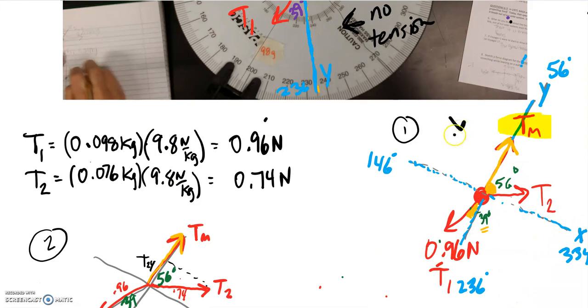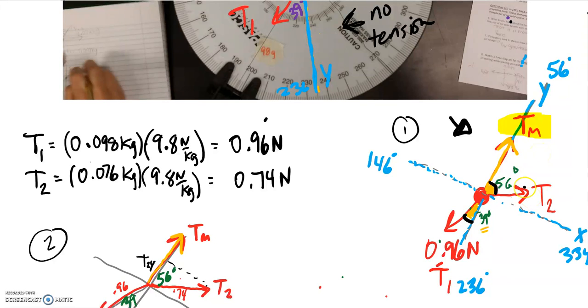So I've redrawn the important information here on the side, and when I do so, I've picked out two angles, this 56 degree angle and this 39 degree angle between the y-axis and tension 1 and tension 2.